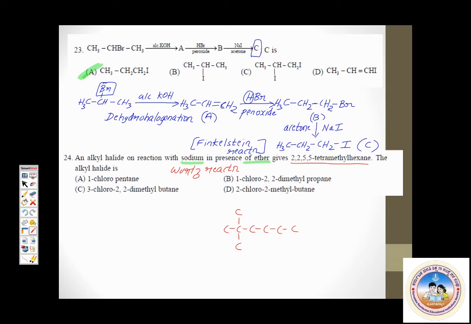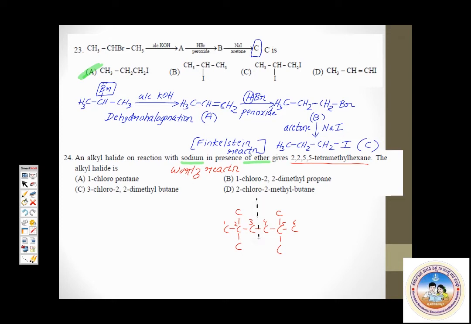From this, how can I figure out what the alkyl halide is? Very simple. Cleave the given alkane into 2 equal halves and write down the fragment separately. See, I am writing it separately now. Please look at this. I am writing this fragment separately. 5 carbons.